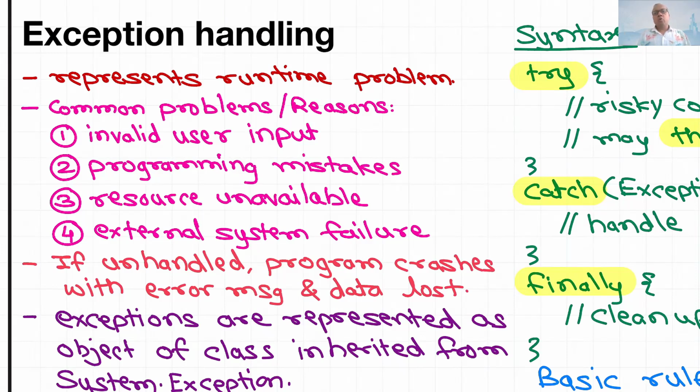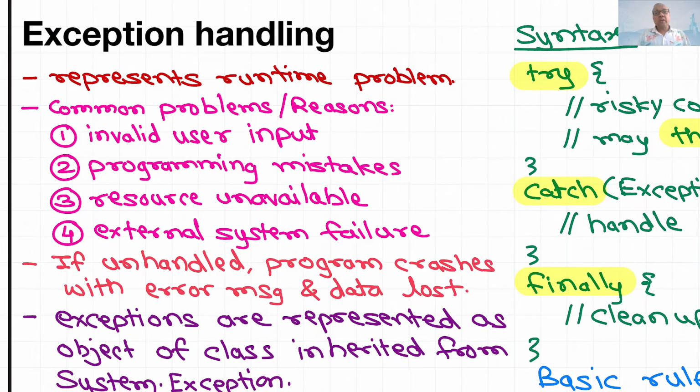Another example could be programming mistakes. If you had already started C# programming, you must have come across null reference exception, where we forgot to initialize the reference correctly. Another example could be that we are doing some sort of file IO, and the file that we are trying to open doesn't exist.